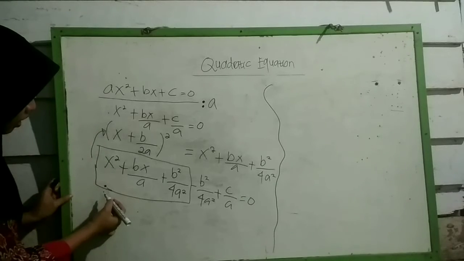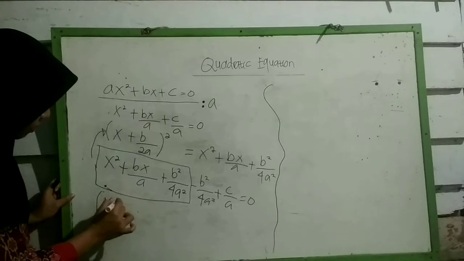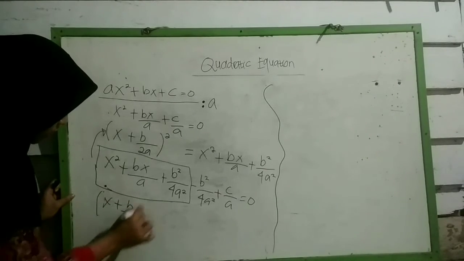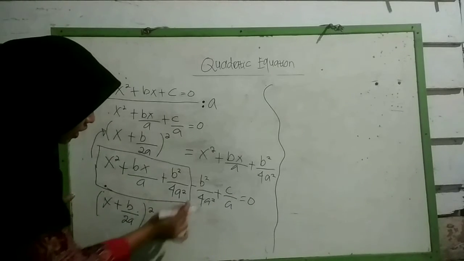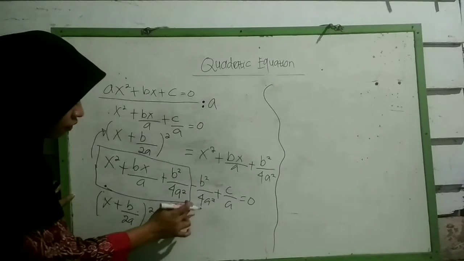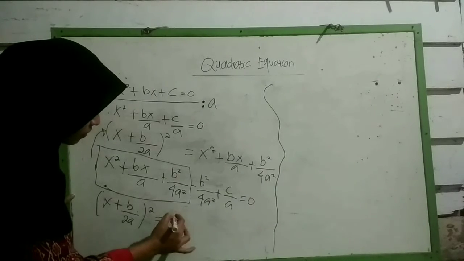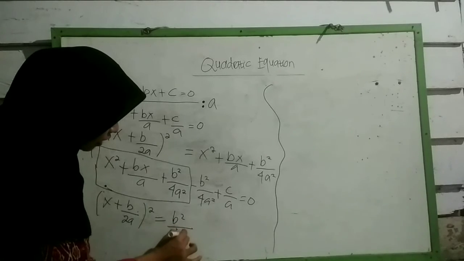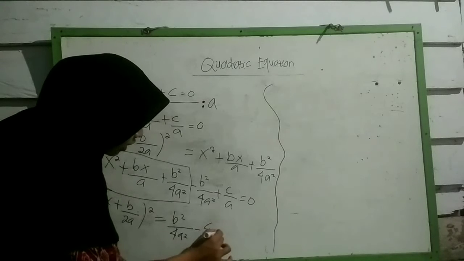And then can you write down x plus b over 2a squared equals minus b squared over 4a squared, moved to the right to be b squared over 4a squared minus c over a.